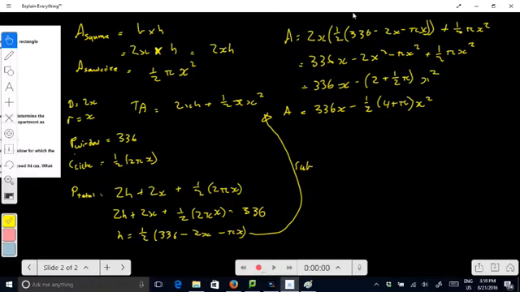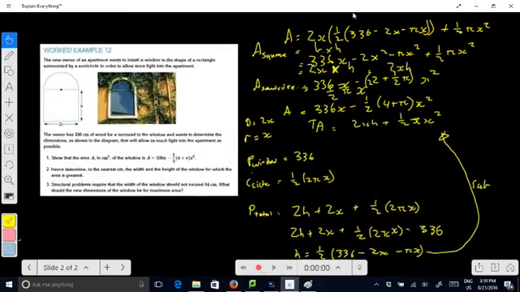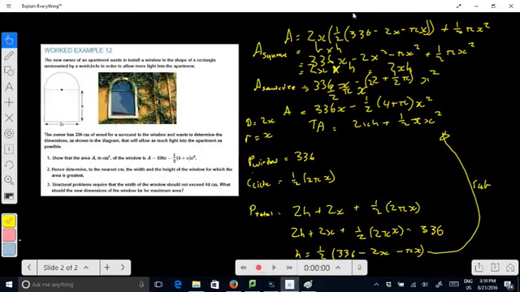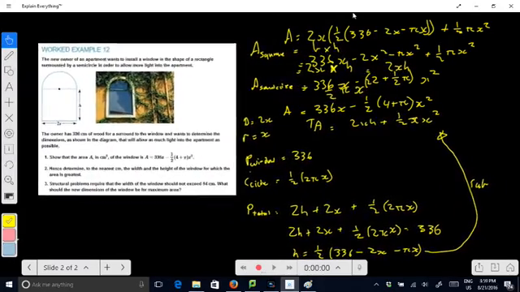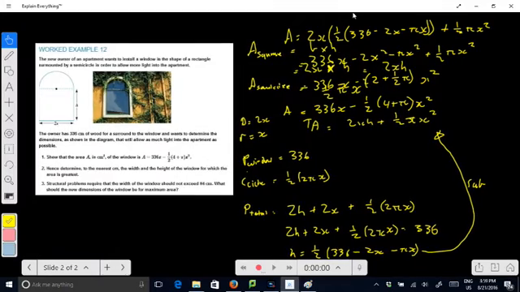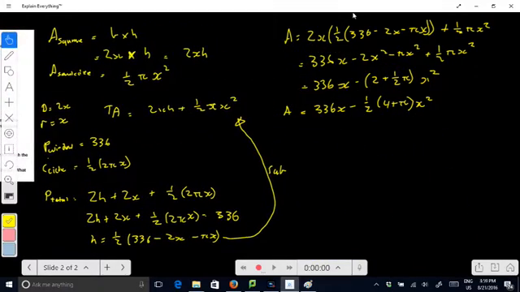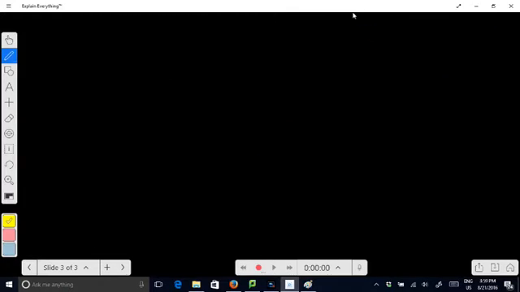So that's part A. Part B, or question 2, says: hence determine to the nearest centimetre the width and the height of the window for which the area is greatest. So we're looking for when the area is greatest, indicating that we're looking for a maximum turning point.